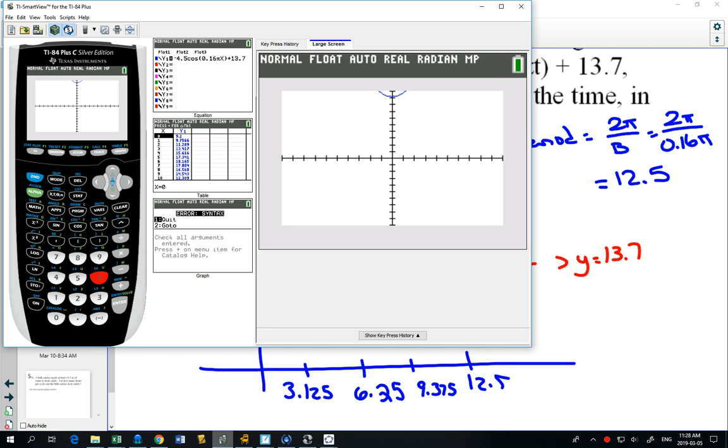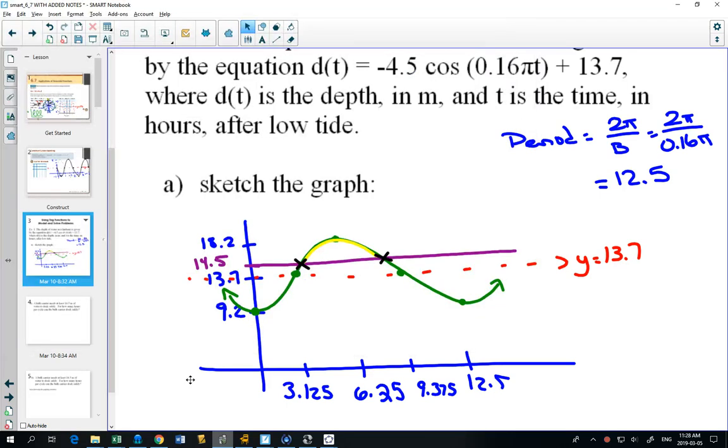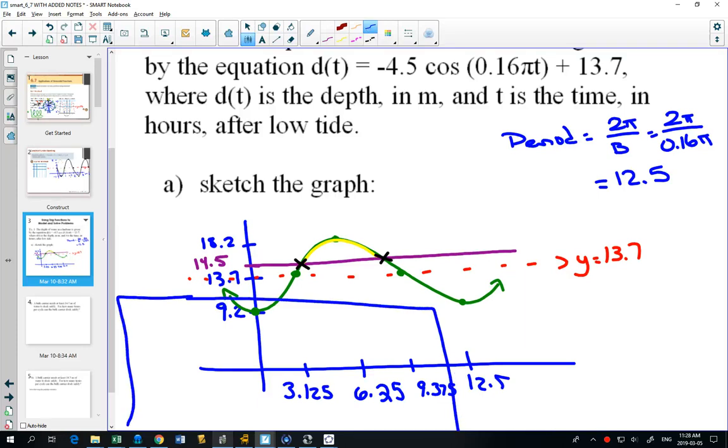What's the problem right now is your standard window on a calculator often goes from negative 10 to 10 and negative 10 to 10. If we look at the graph that we have here, my window is at negative 10 to 10 right now, and can you see that that's what I'm seeing?